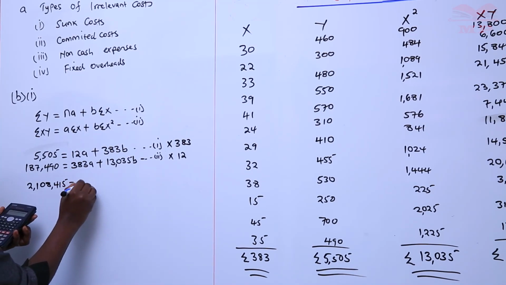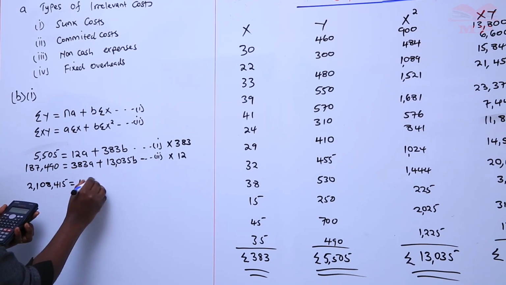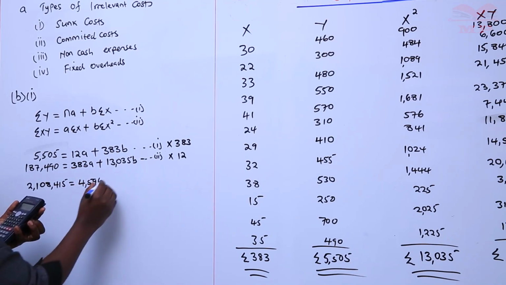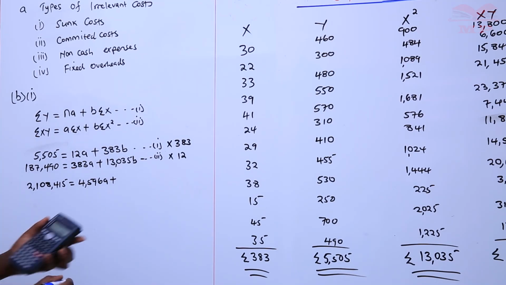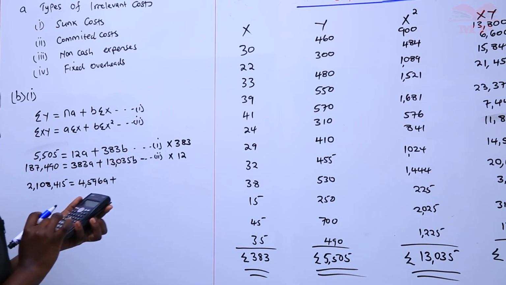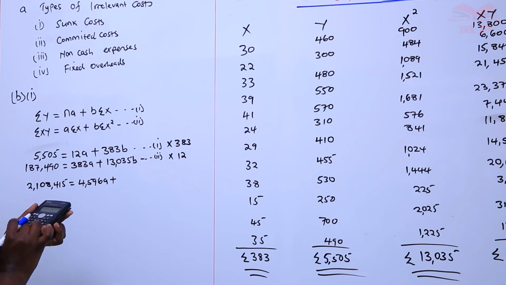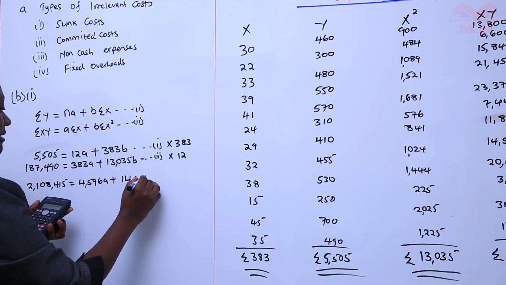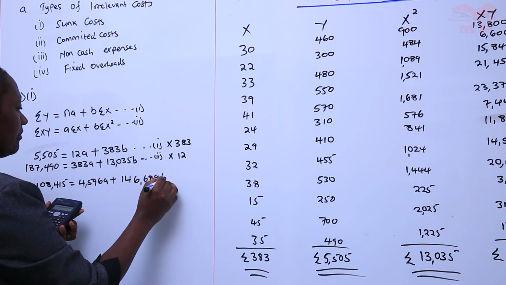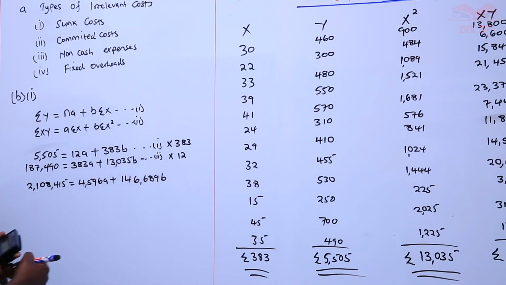This will be 4,596a plus 383 squared will give us 146,689b.